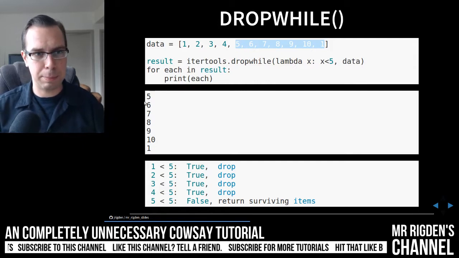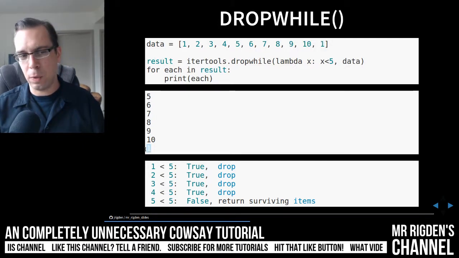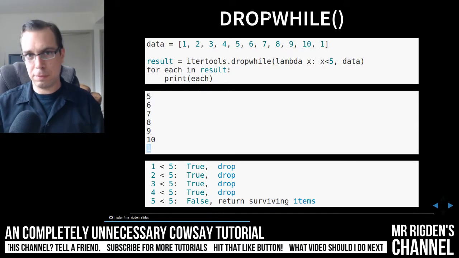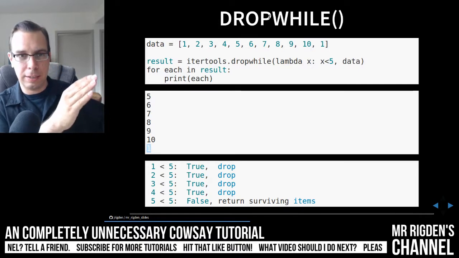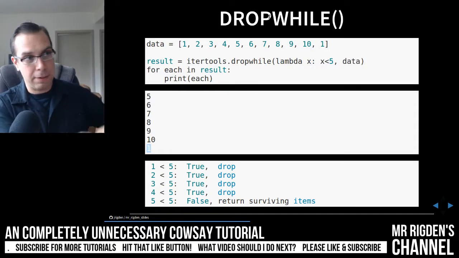And you'll see this represented here: 5, 6, 7, 8, 9, 10, 1. 1 is returned even though it is smaller than 5, because the function we're using is dropwhile. So as soon as a condition is false, it returns everything.